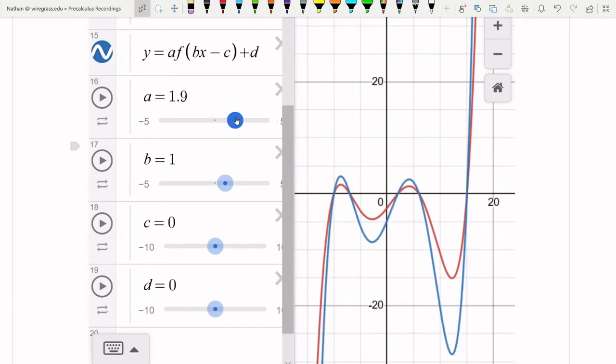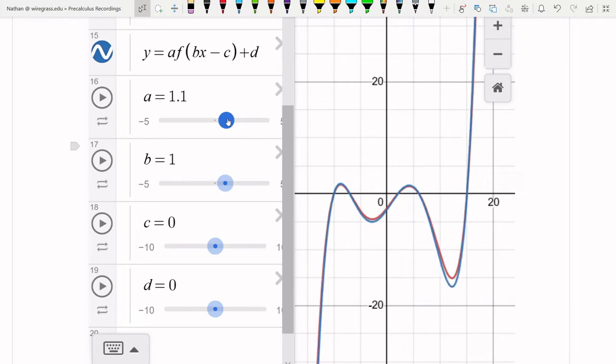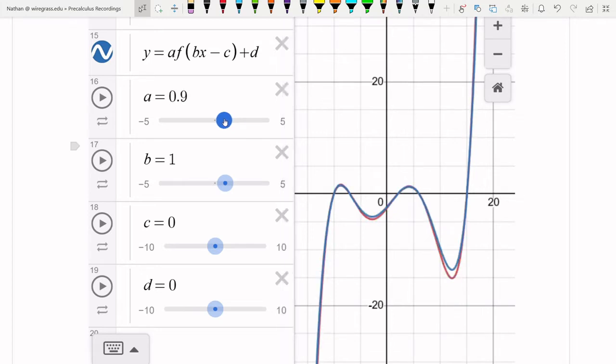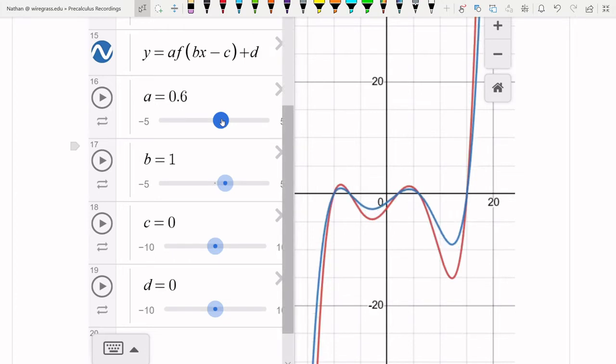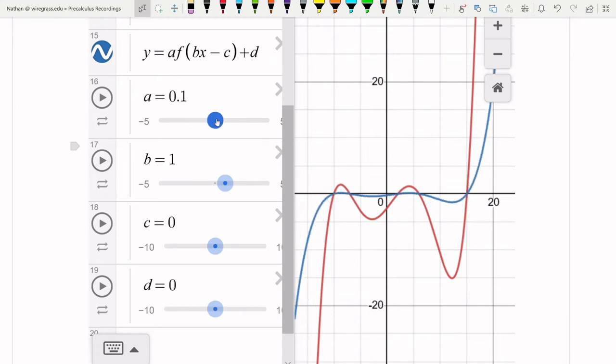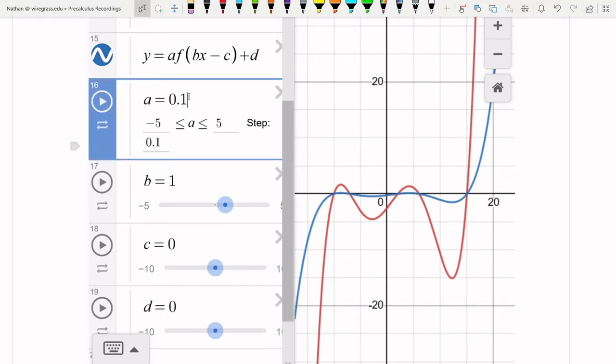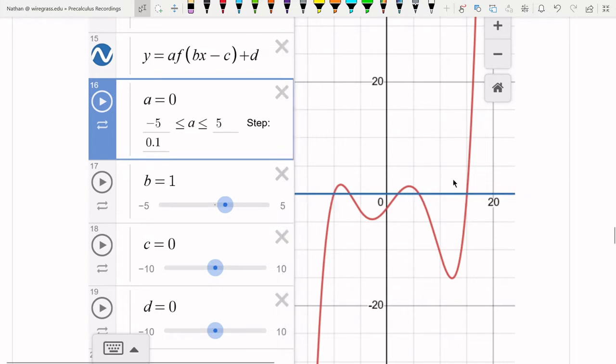And if I go between 0 and 1, so if I go from 1 again, I'm going to go down from here, down to 0. You can see it's getting more and more flattened. And it actually gets more flattened all the way until I hit a equal to 0, which I can get here. Let me just type it in. A equal to 0, you can see it's been completely flattened out to the x-axis.